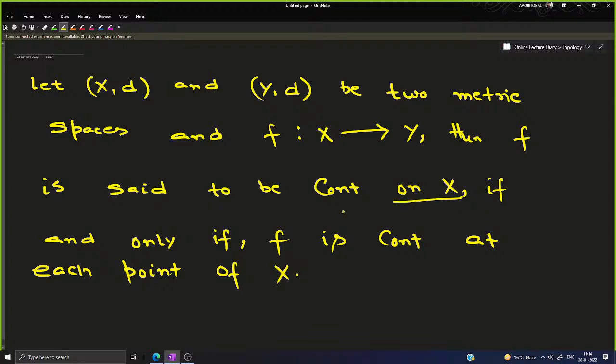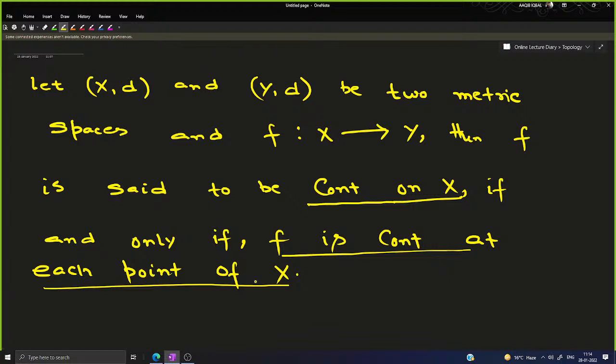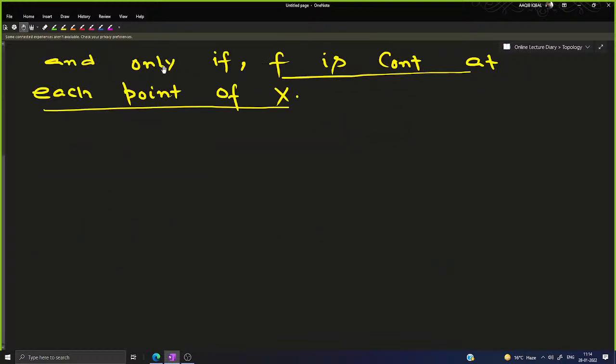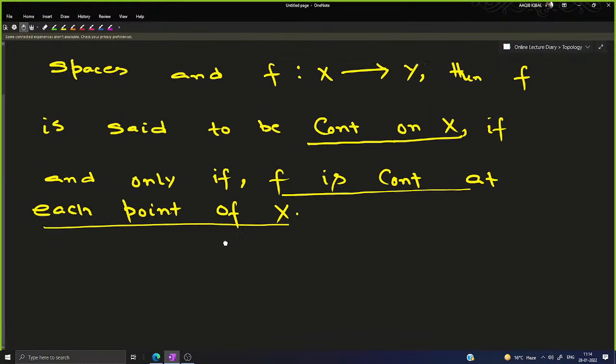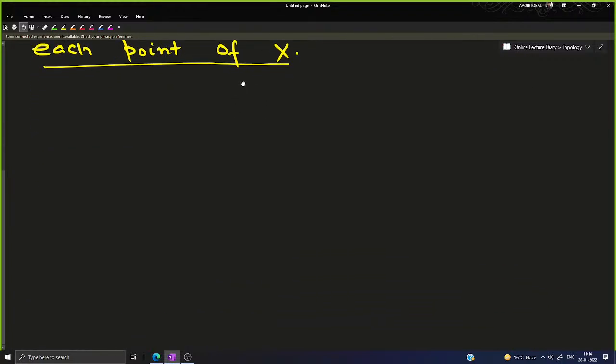The criteria is it should be continuous at each point of X. If it is continuous on capital X, then take any arbitrary point in capital X, function will be continuous at that point. So this is what we mean by continuity of a function on the whole space.